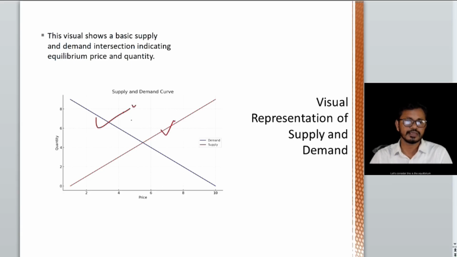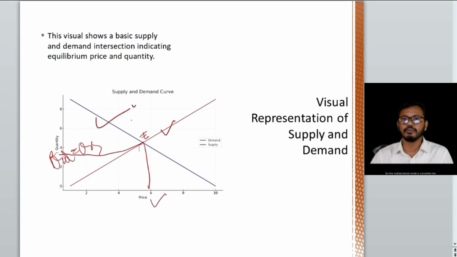Let's consider this the equilibrium point E. At this point, quantity demanded equals quantity supplied, QD equals QS, and this is your equilibrium price. So the mathematical model is converted into a visual model. Any kind of mathematical model can be transferred to visual models by using graphs and diagrams.